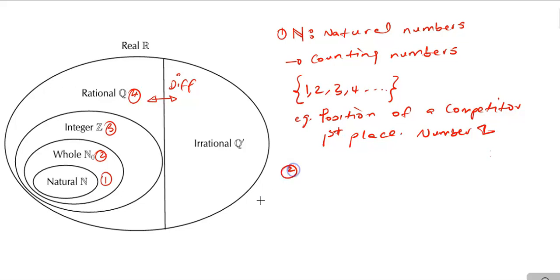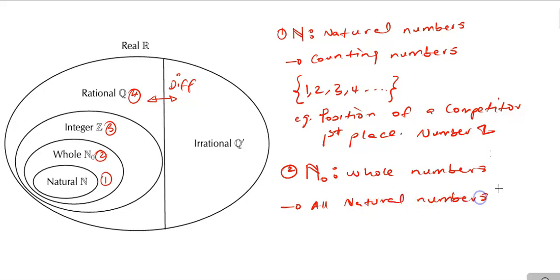So let's move on to the second category, which will be whole numbers. This is the symbol for whole numbers. Whole numbers basically are all the natural numbers with the inclusion of zero. So we need to include the number zero.